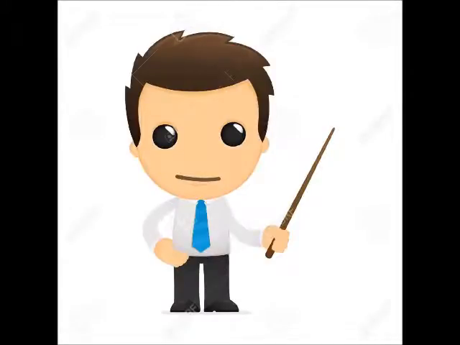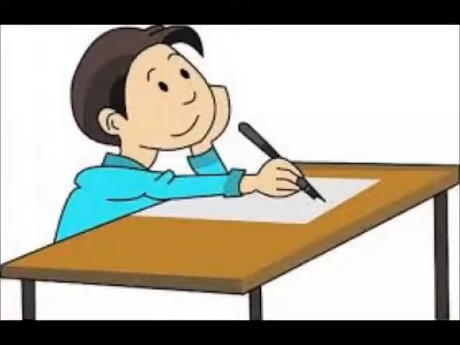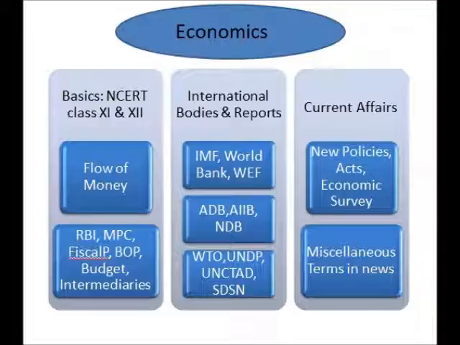Then we move on to the international bodies and the reports. This part is very important because if questions are asked from economics, certainly a question on this part will be asked. It covers the IMF, World Bank, World Economic Forum, ADB, AIIB, NDB (New Development Bank), WTO, UNDP, UNCTAD, SDSN.